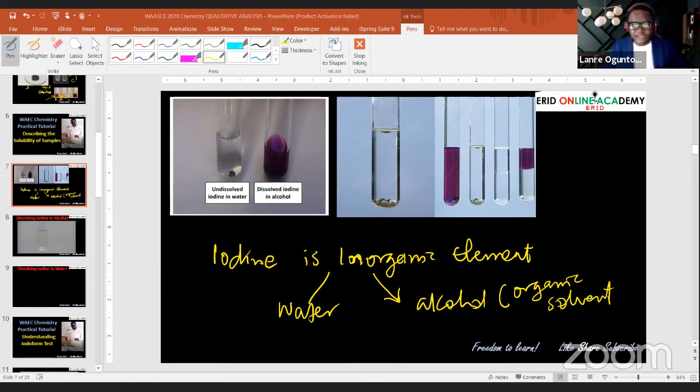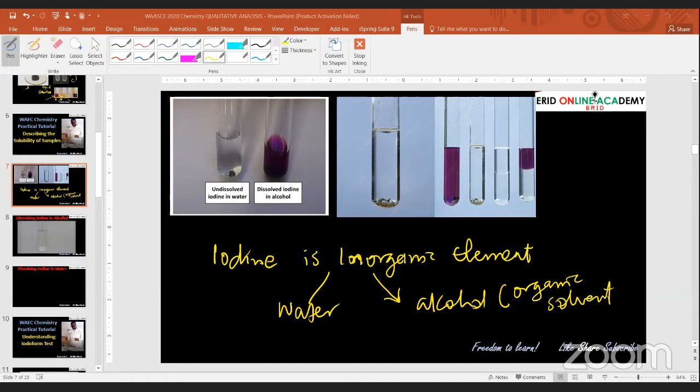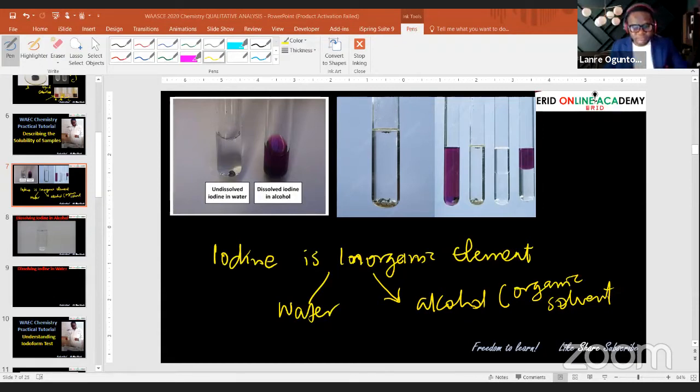Yes, the question I'm asking: the solubility of iodine in water and iodine in alcohol, what do you think will be the difference? We want to describe that, the difference in solubility. Does anyone want to describe?